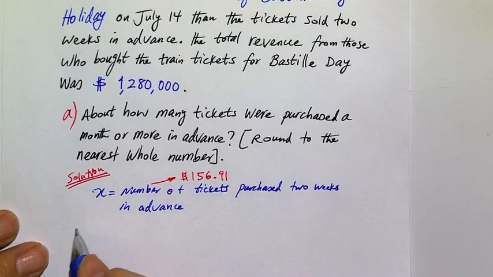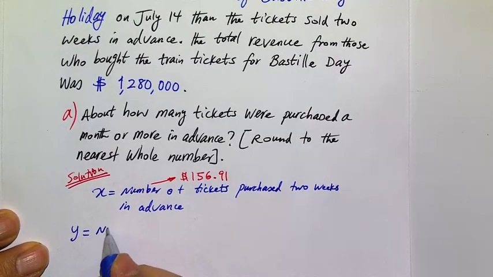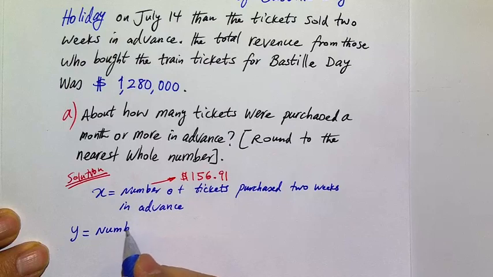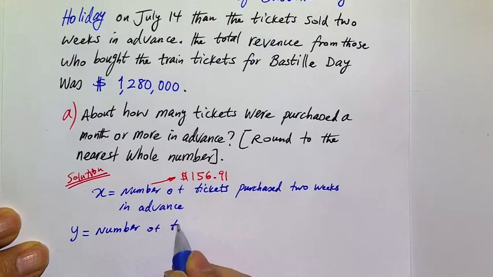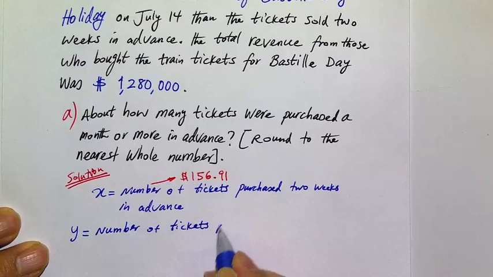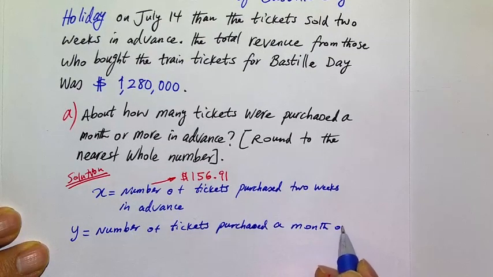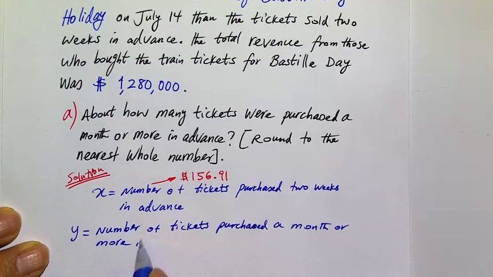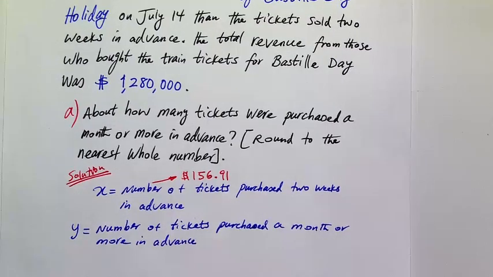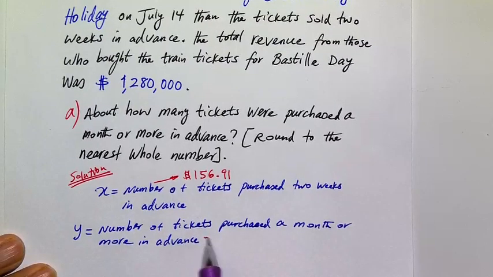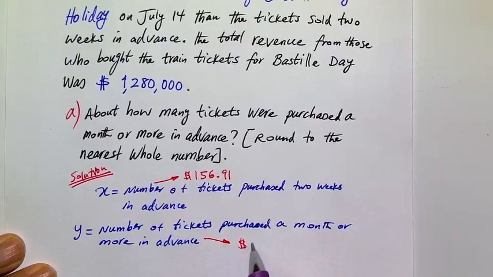Then let's make the other one Y, the other variable Y. So this would be the number of tickets purchased a month or more in advance. Of course, these guys are going to get a break, so they're paying $70.91.